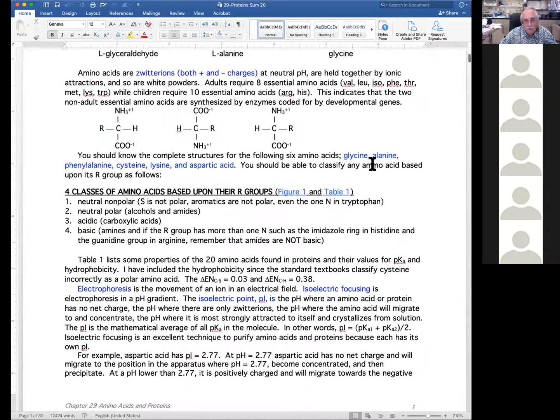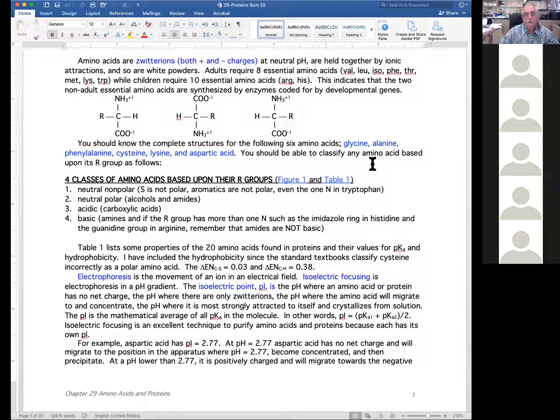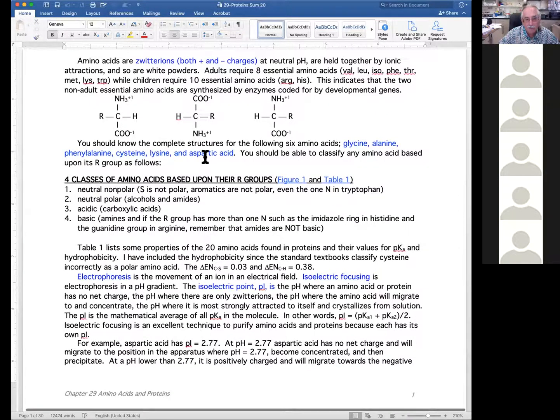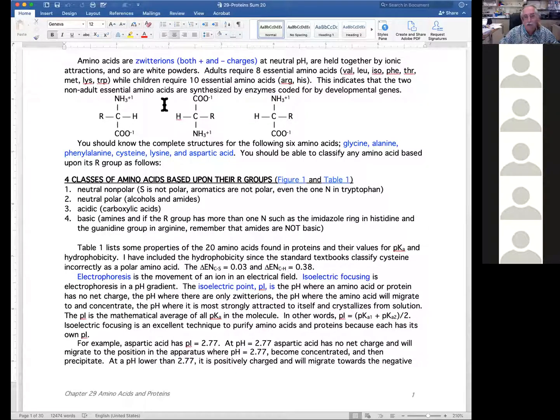And then, as we talked about in the chapter on carboxylic acids, at physiological pH, which is somewhere around 7.4, 7.3, most carboxylic acids are ionized. And in the chapter on amines, we see that most amines are also ionized at physiological pH.